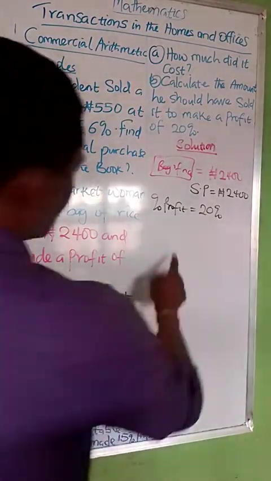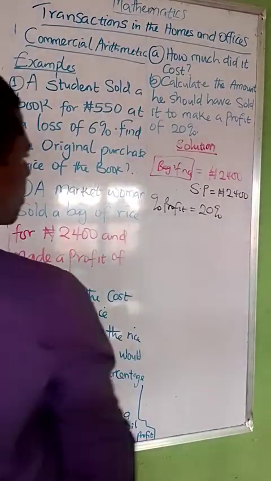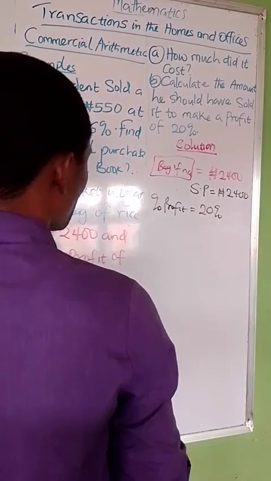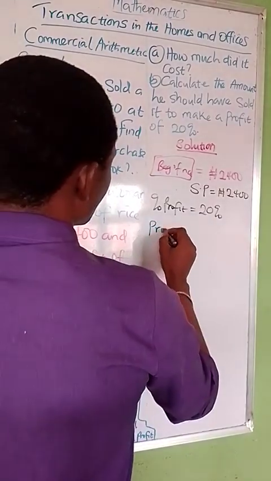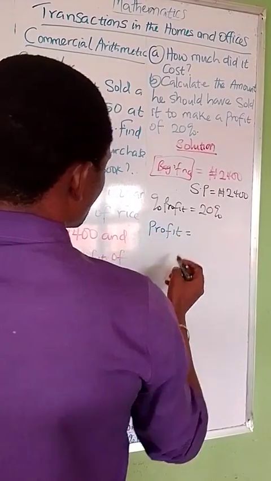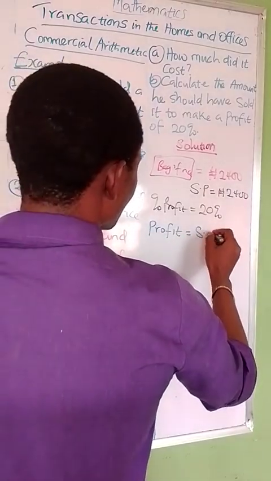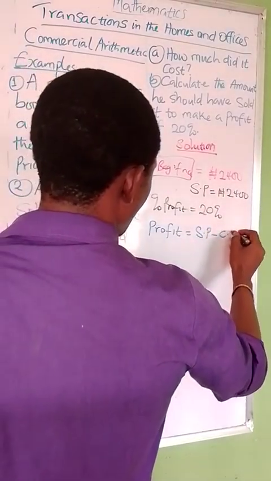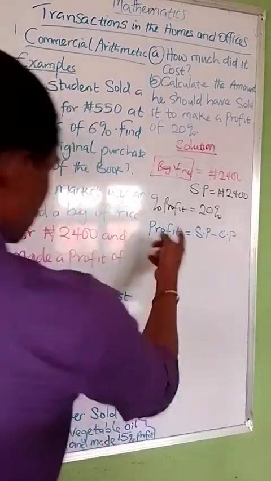You know that the profit equals the selling price minus the cost price. That's the profit, right? So we just need to know that.